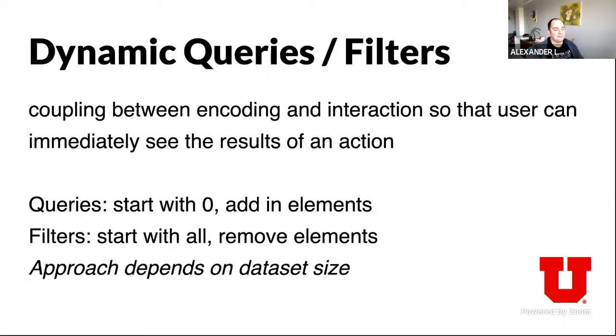Filters are great if you have a small enough data set that you can start with an overview, show everything at the same time, and then realize that some of the items are not all that relevant, and start removing them. Whereas queries are especially useful if you have a really large data set, where you can specify what you want to look at and add in those elements.